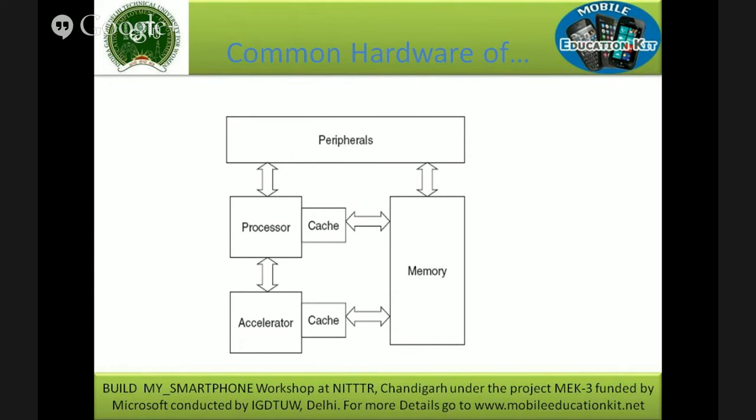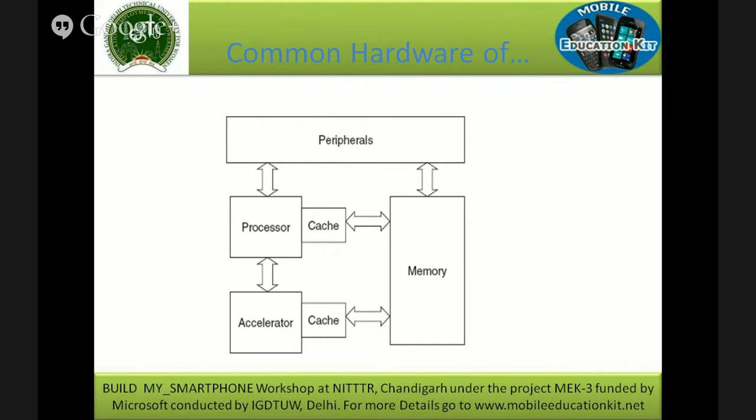But these are different classes of computers. We classify these computers very broadly, in terms of embedded systems, where 98% of the computers across the world belong to the embedded world. That means 98% of processors produced in the world are meant for embedded systems, and only 1 to 2% are meant for the desktop world.